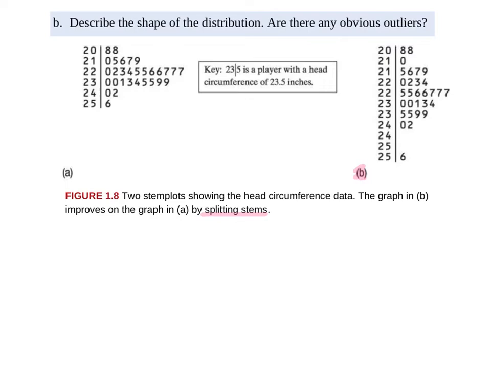So let's talk about the shape of the distribution. I'm going to talk about this one because we looked at it already. So what I would say is that it looks like this distribution is roughly symmetric. We've got one peak here at 22, and then it kind of just falls naturally to the side there, decreasing at a relatively symmetric rate.